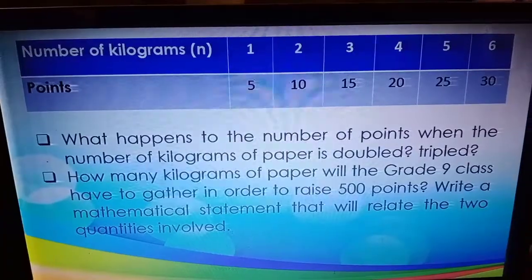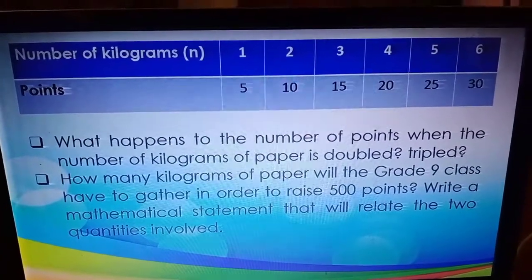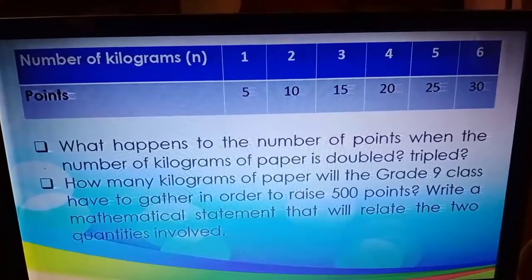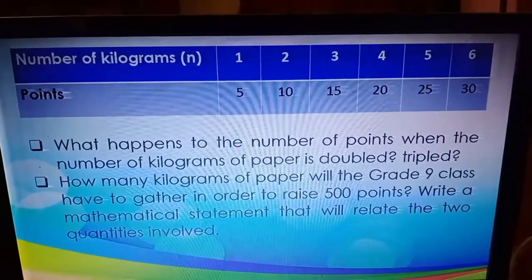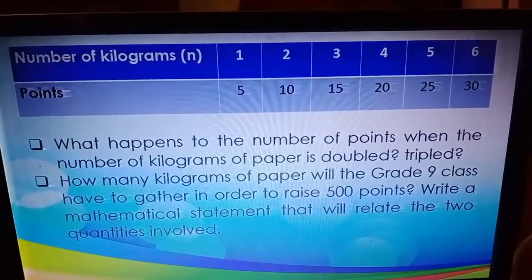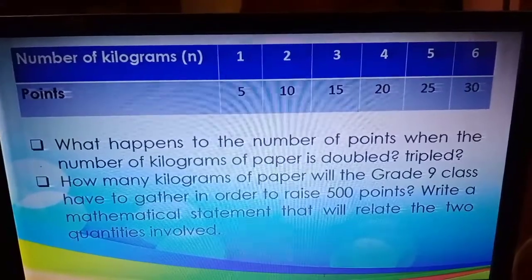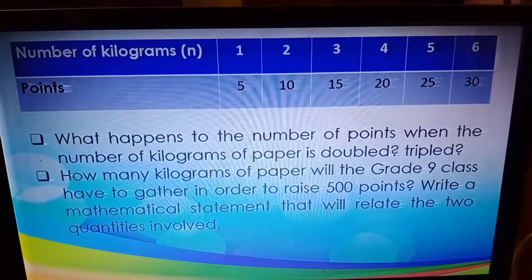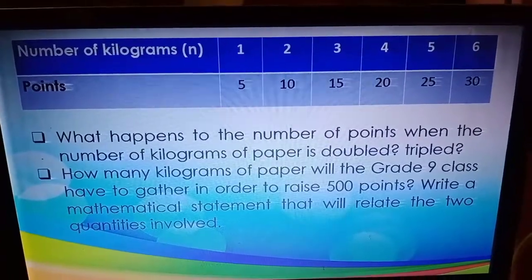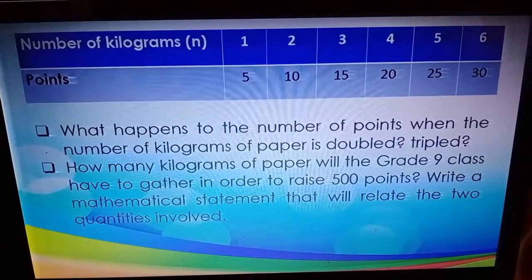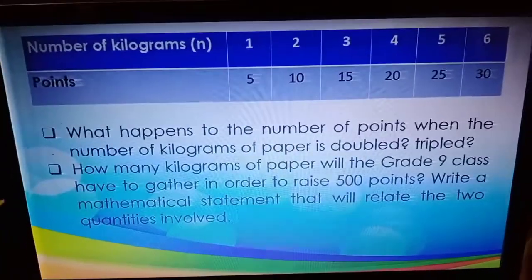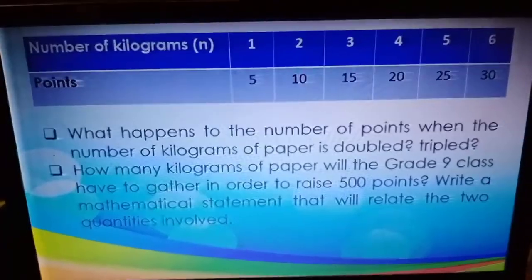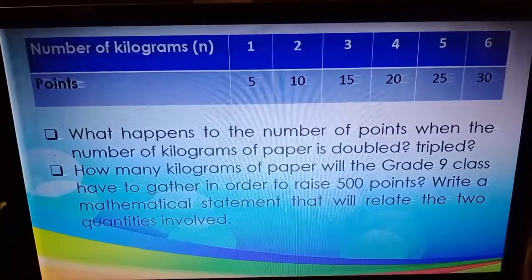In order for us to answer these questions, are we going to continue with the table until such time that we reach 500 points? That's very tedious, no? Actually, there is a certain way for us to know how many kilograms these grade 9 students will have together in order to raise 500 points.